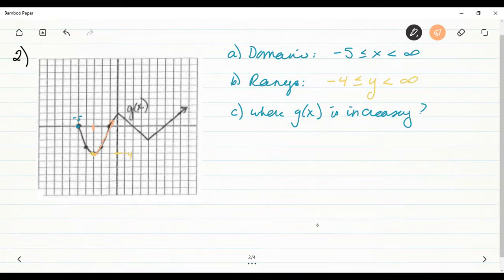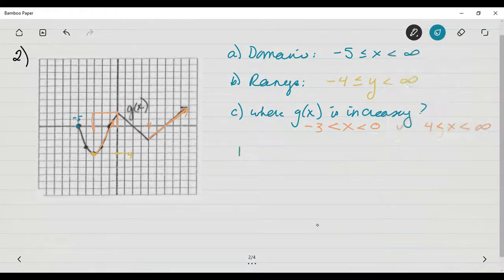So our increasing interval is from -3 to 0 as our first increasing interval. After that, we do have another piece that's increasing. It's over here on the right. And this piece starts at 4 and increases forever. So our second interval starts at 4 and goes to infinity.